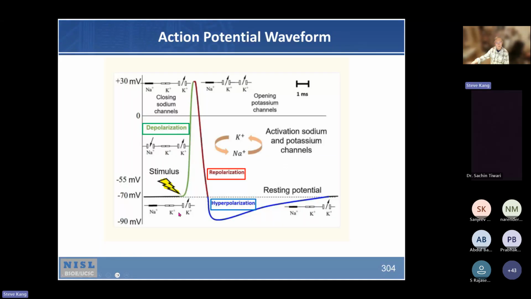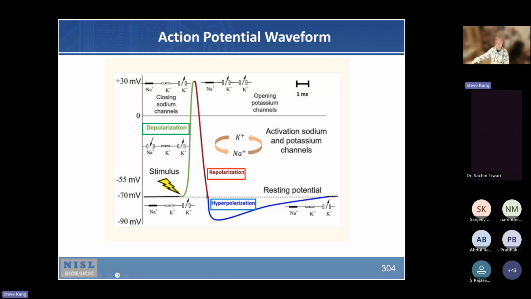But let's look into the action potential, what is really happening. It starts at a resting potential of about minus 70 millivolts. And then when there is a stimulation, it rapidly rises all the way to 30 millivolts, reaches some threshold, and then quickly discharges. It's called repolarization.